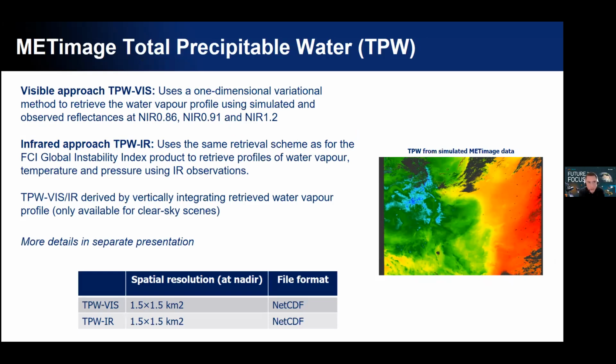And then there's also an infrared approach that uses the infrared observations, and this uses a similar retrieval approach as is used for the global instability indices for FCI. Those retrievals derive essentially the water vapor profile, and then this is integrated vertically to get the total precipitable water. And this is a segmented product, 3 by 3 pixels, so 1.5 by 1.5 kilometers, and both in NetCDF format.